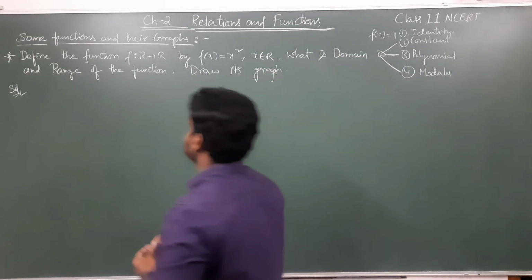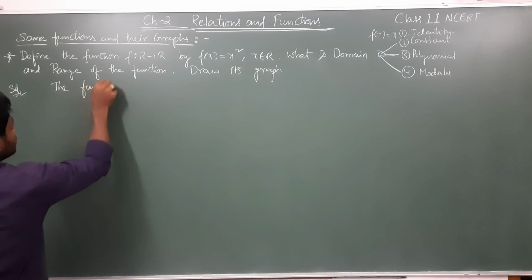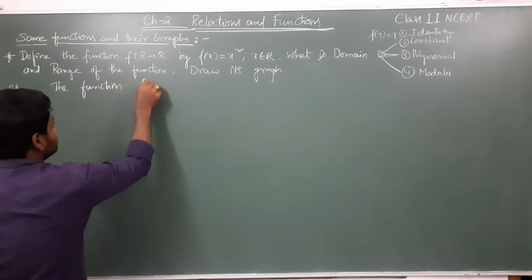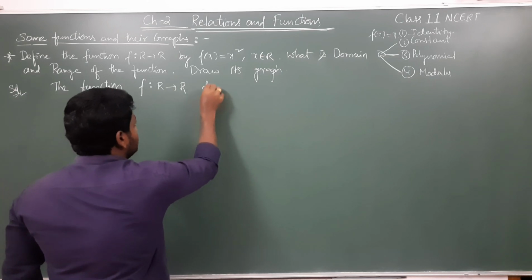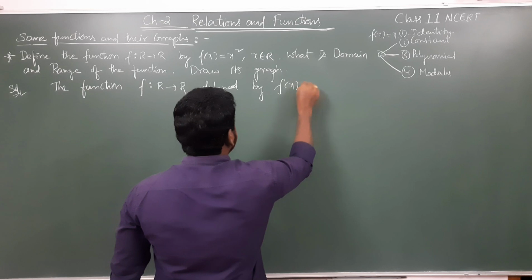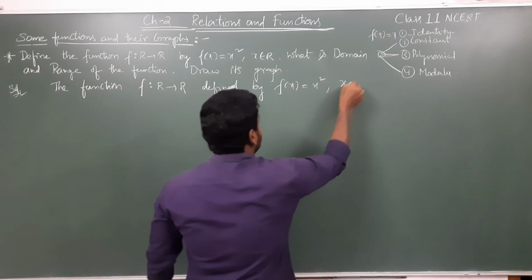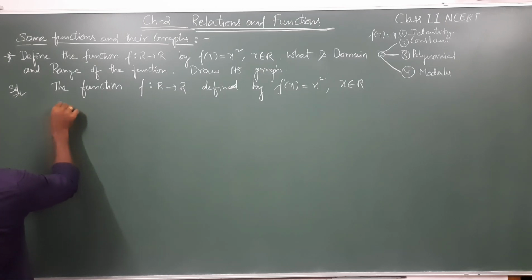This is 1 mark for domain, 1 mark for range, 3 marks, and the graph is for 2 marks. Very simple. First I will write the function f from R to R defined by f of x equal to x square where x belongs to R, which is called a polynomial function.